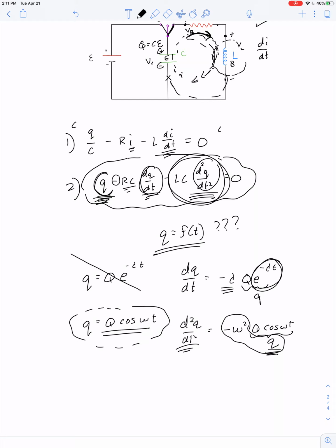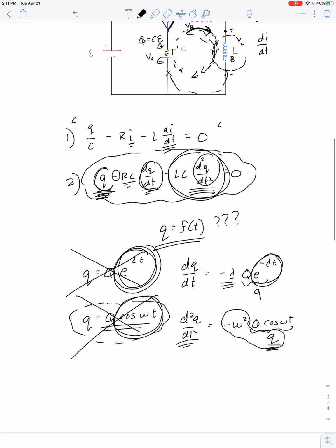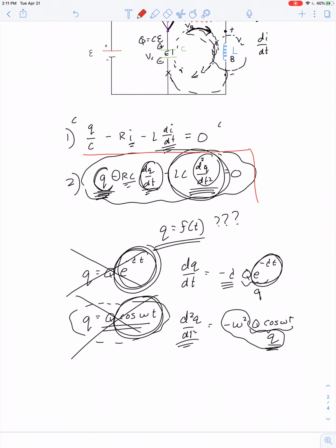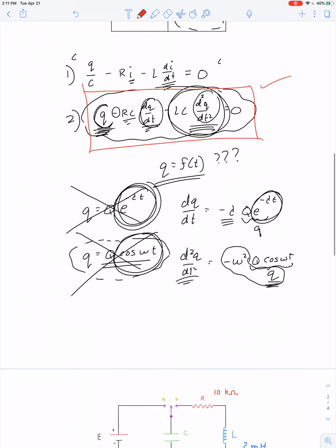So that's not exactly the right guess, and that's not exactly the right guess, but the guess somehow should incorporate both an exponential decay term and a sinusoidal term. So without going through it, I believe it's a little bit beyond the mathematical scope of this class to solve this differential equation. If you've already taken a course in differential equations, you might be able to verify the solution I'll present to you.